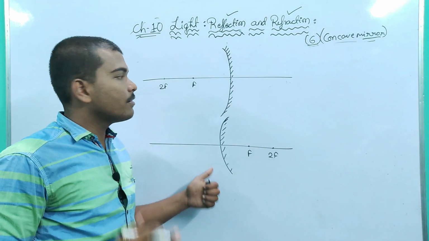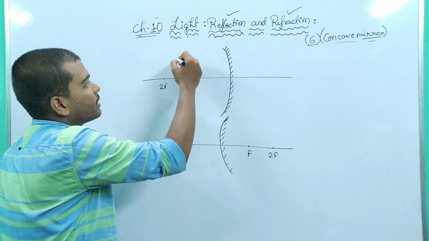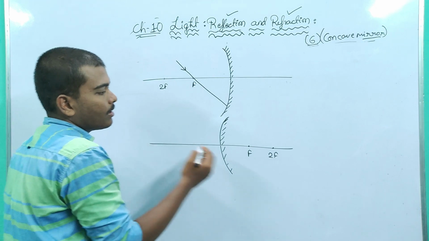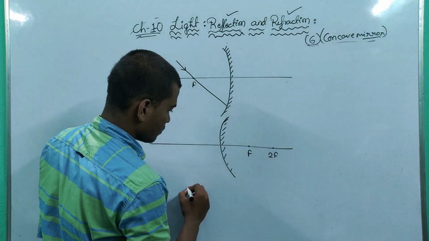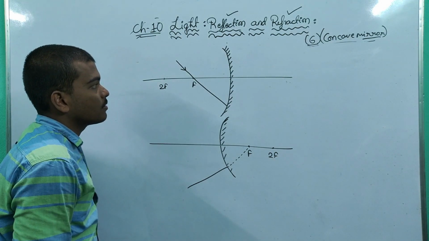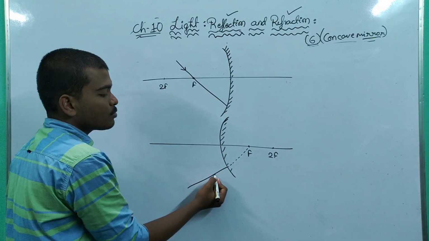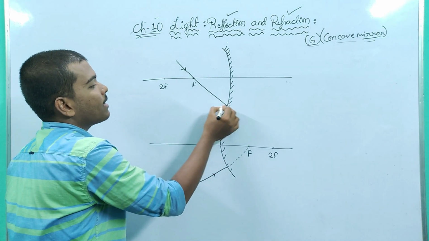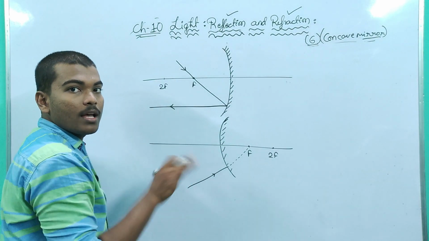Taking the next one. Again, we have both of the mirrors. We have written F and 2F. Now the next rule states: if a beam of light passes through the focus, or appears to pass through the focus, like if I extend this line it will pass through the focus, it will reflect parallel, as the parallel beam of light reflected through the focus, the reverse.